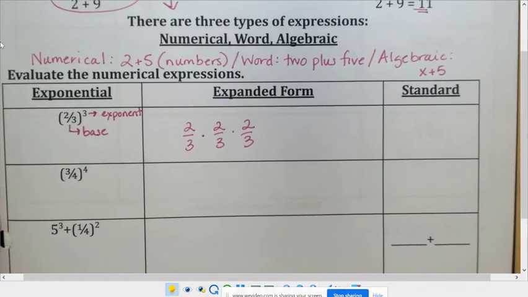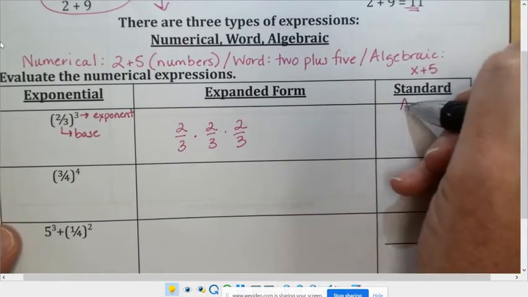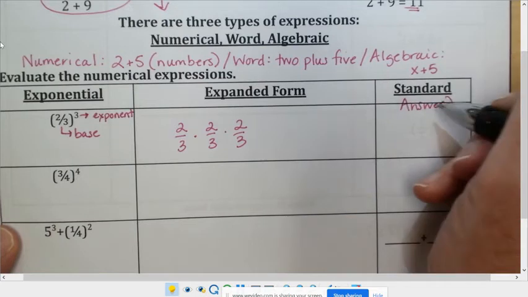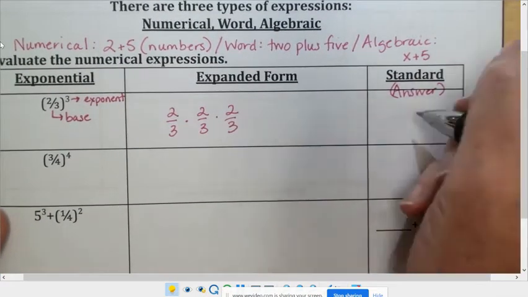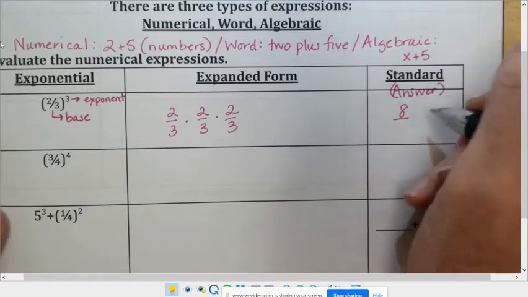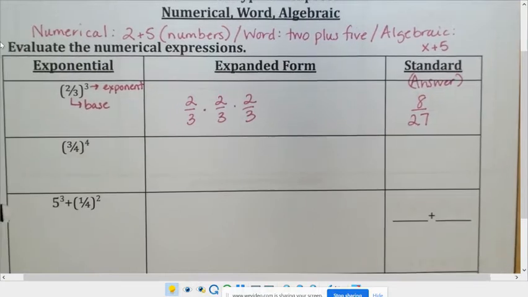If I expand it, expanded form is spreading it out. Standard form is your answer. So I would multiply 2/3 times 2/3 times 2/3. Remember, multiply numerators across the top, then multiply denominators, for 8/27.